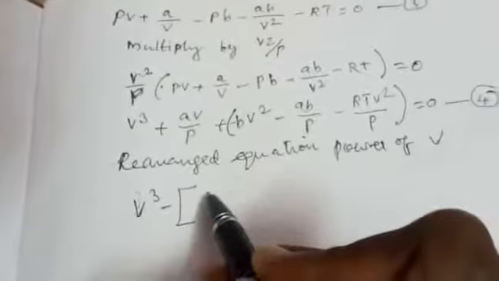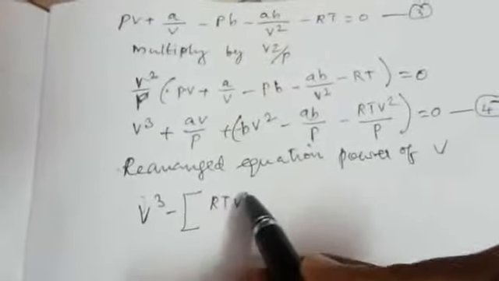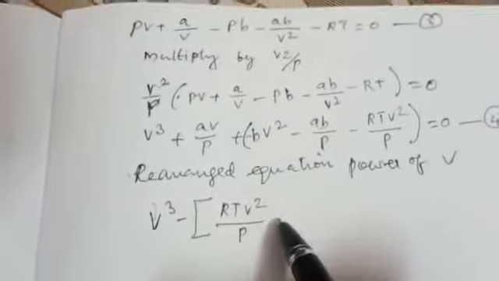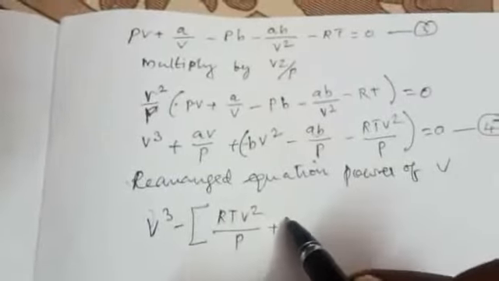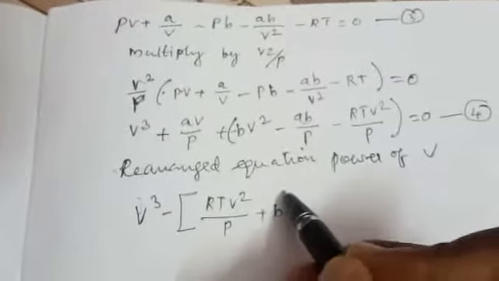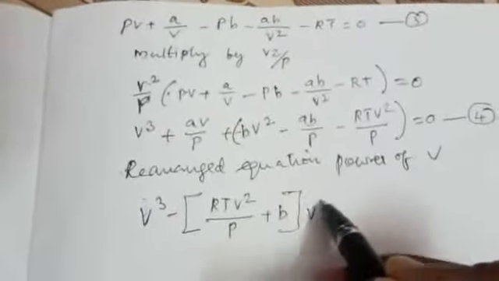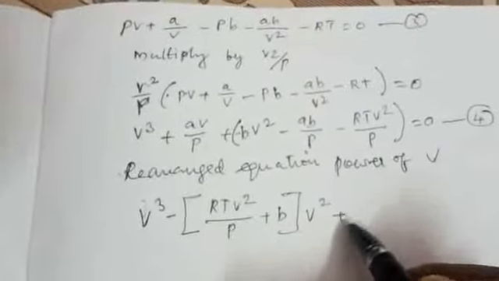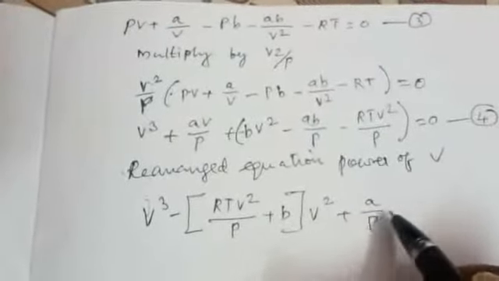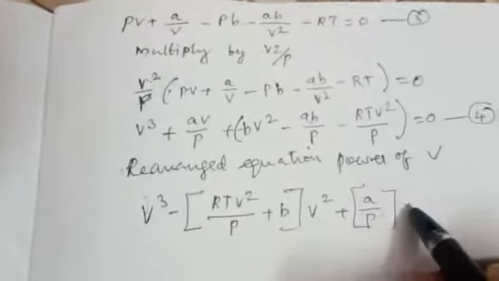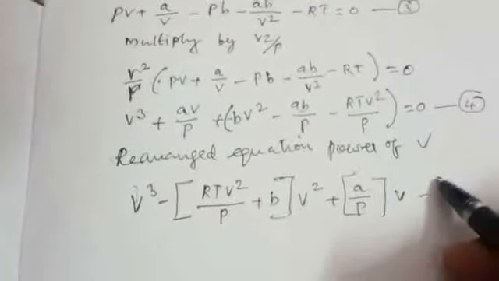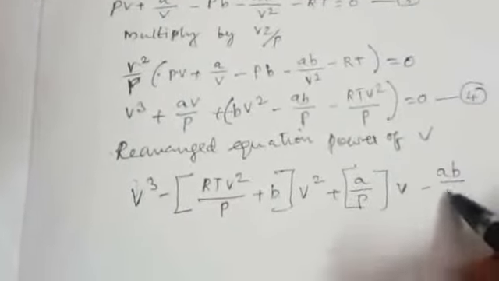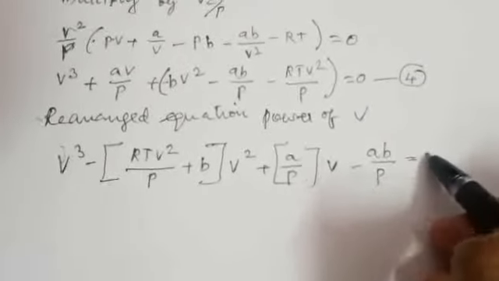V cube minus RT V squared divided by P plus P V squared minus plus A divided by P into P minus AB divided by P equal to 0.